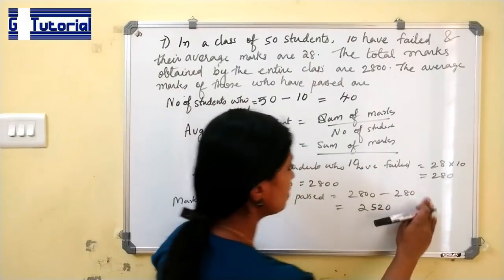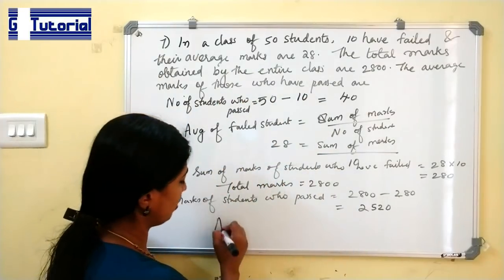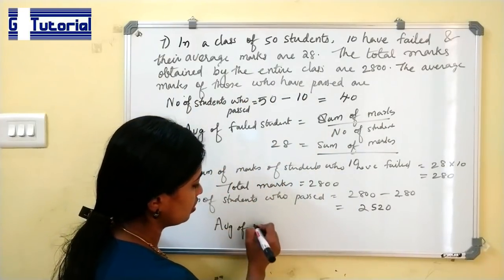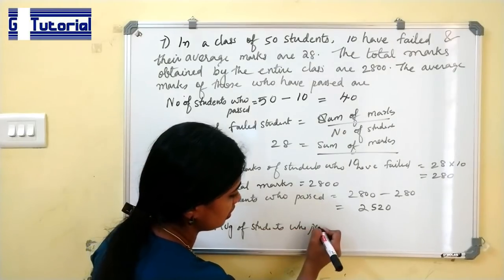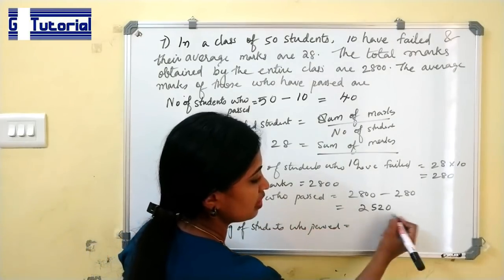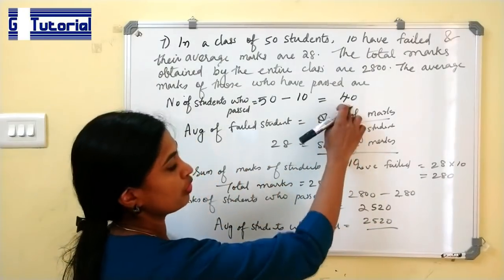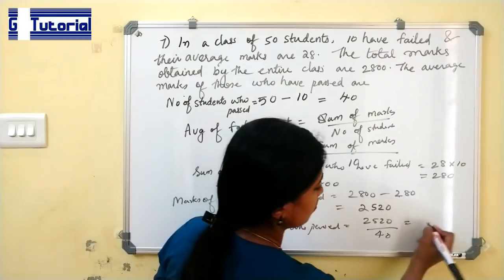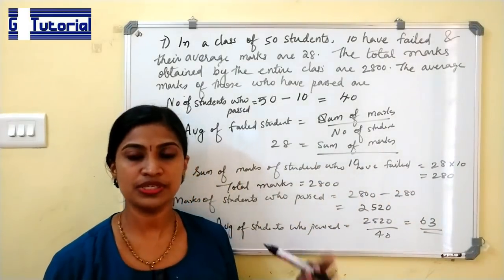Now we are asked to find the average of those who have passed. So average of students who passed is equal to sum of marks, which is 2520, by number of students who passed, which is 40, which is equal to 63. This is the answer of this question.